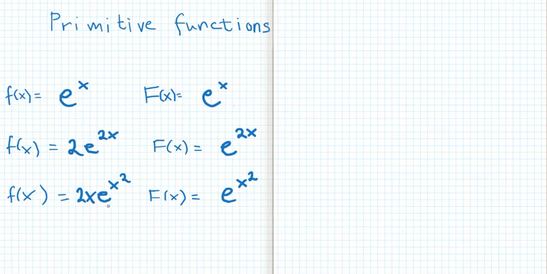Okay, is there a formula, a way we can always know how to find it, instead of just guessing and then checking if it was correct? Of course there's a formula, so let's have a look at it.